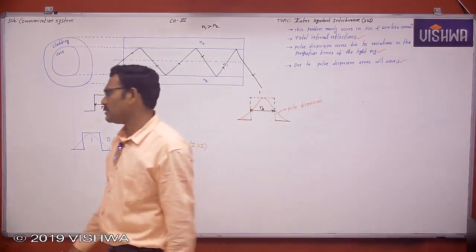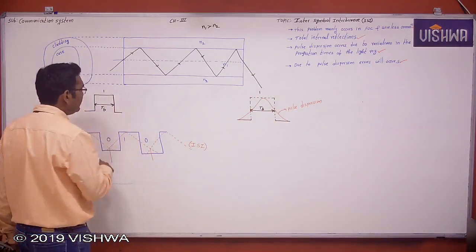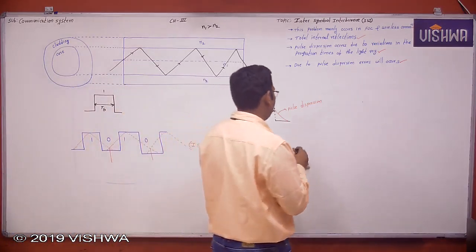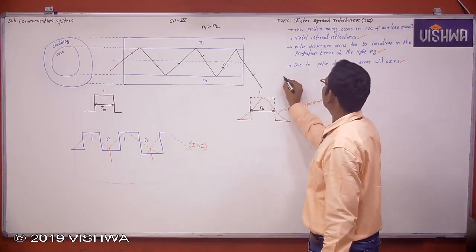wireless communication systems. So, how to avoid this inter-symbol interference?